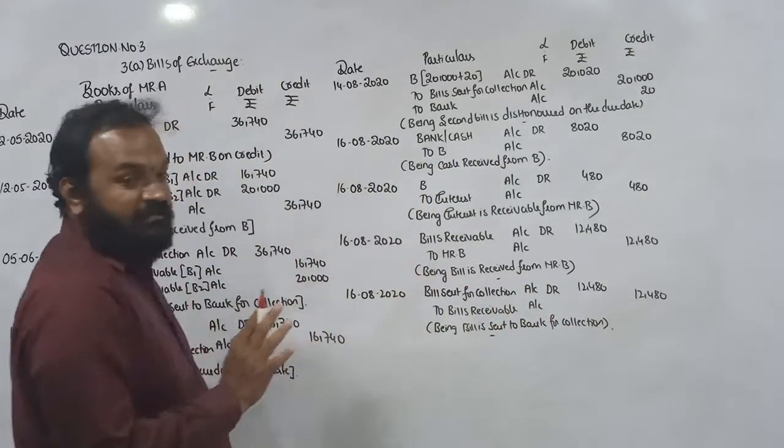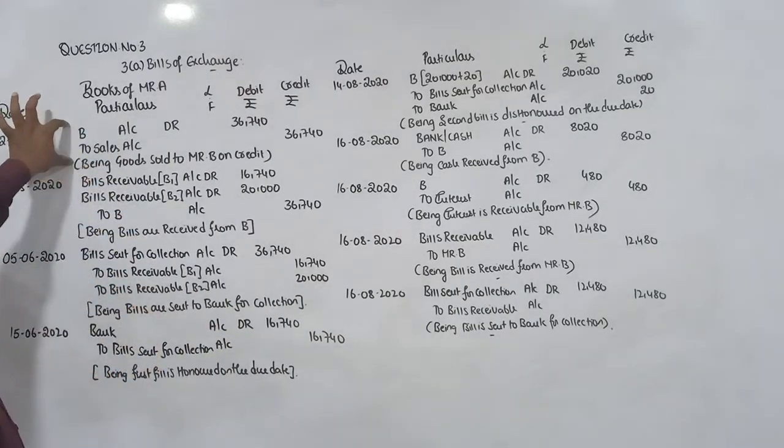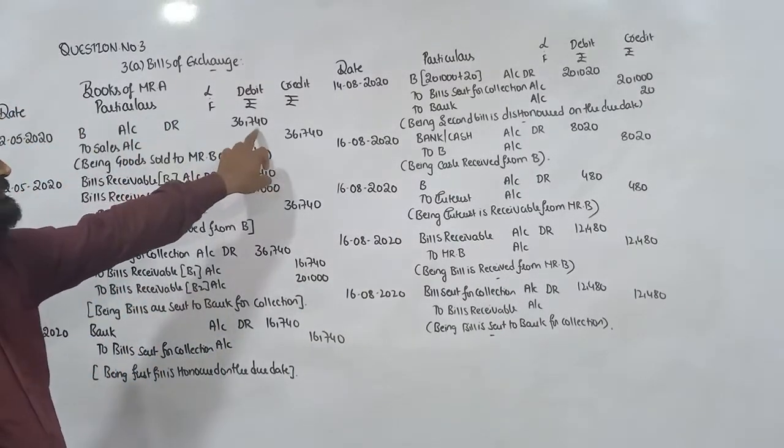Now listen carefully. A sold goods worth rupees 36,742.